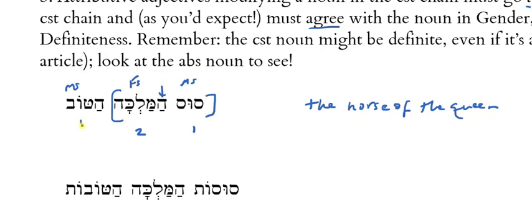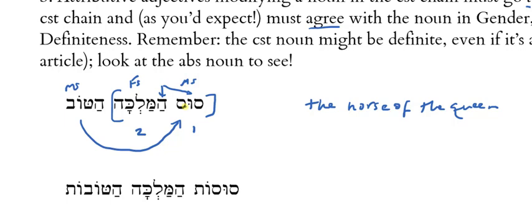That is absolutely right. Attributive adjectives modify their nouns in gender, number, and definiteness. Now wait a minute. Sus doesn't have the article. Hatov does. Well, that may be true, but that doesn't mean that sus is indefinite, because thing 2 has the article. Then that makes thing 1 definite as well.